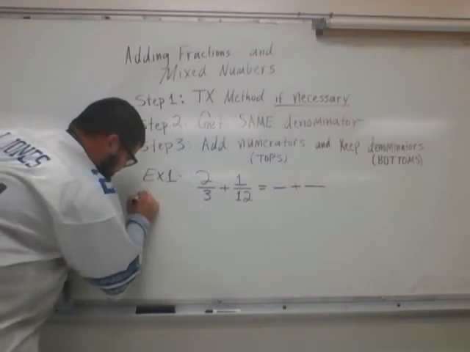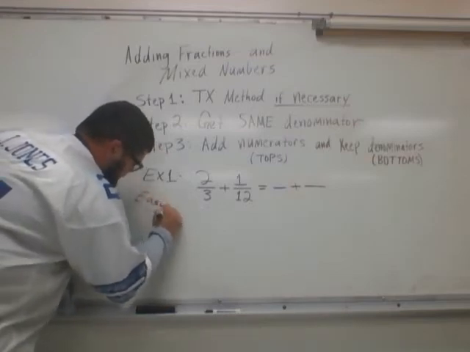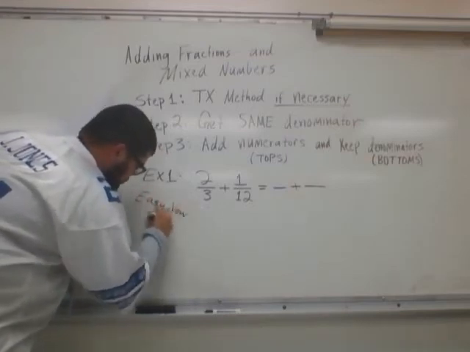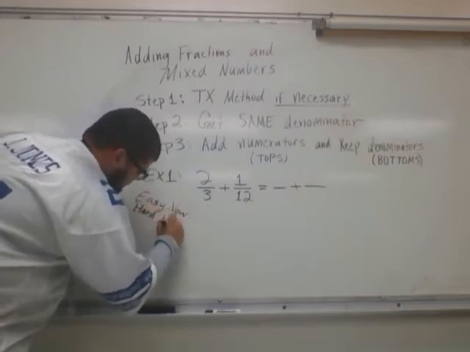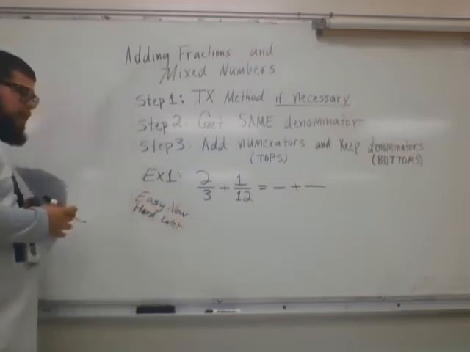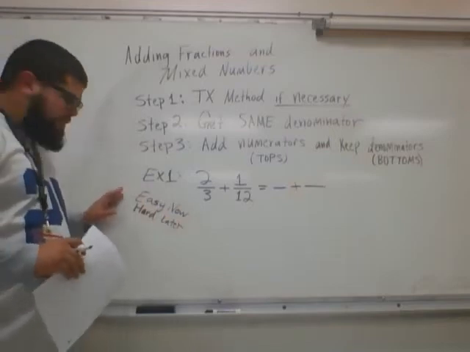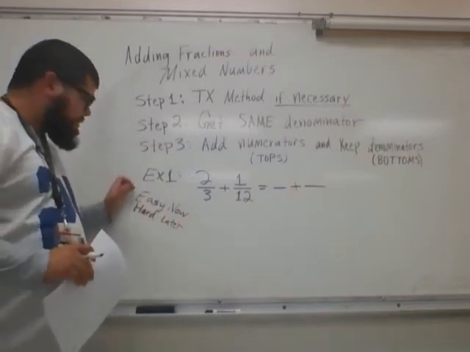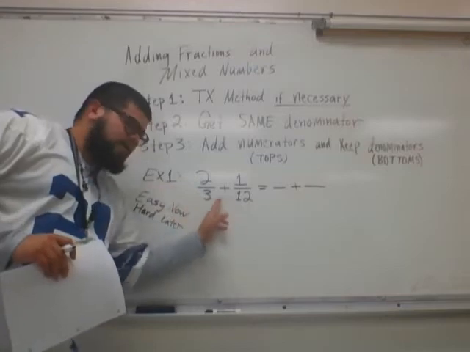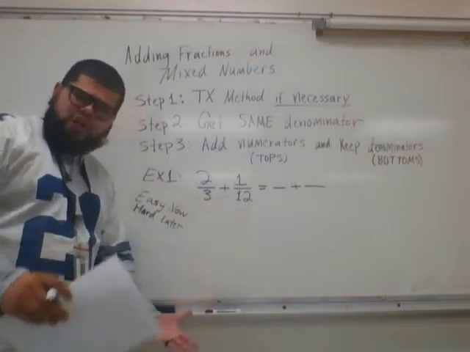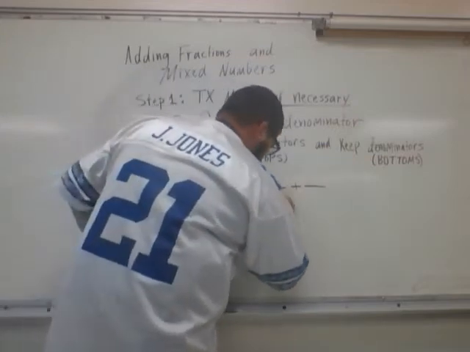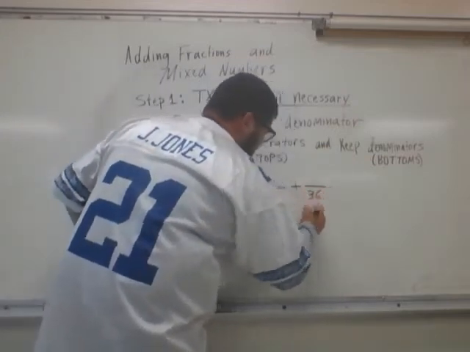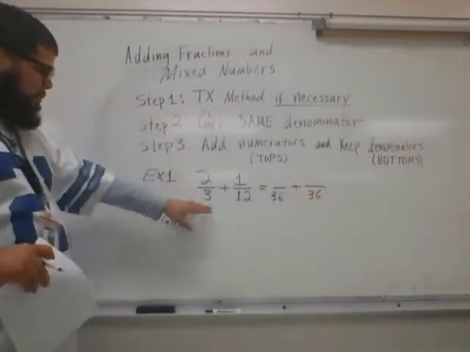So one of them is easy now, hard later. Okay? Easy now, hard later. What I mean by that is that the easy way to do this is to just multiply 3 times 12, which is 36, and that's easy now. That means all I got to do is write 36 right here for my new denominator, right? We got to get the same denominator.